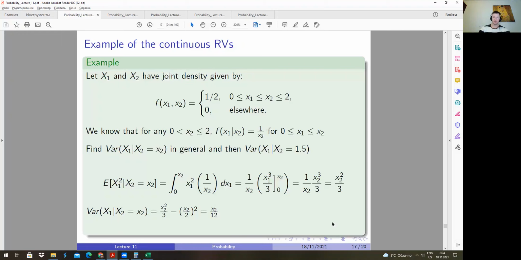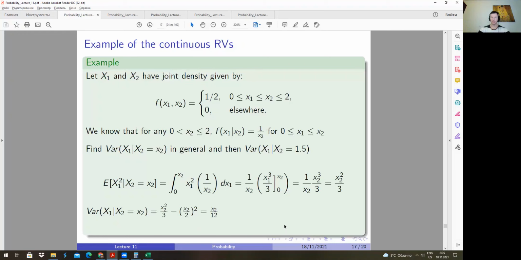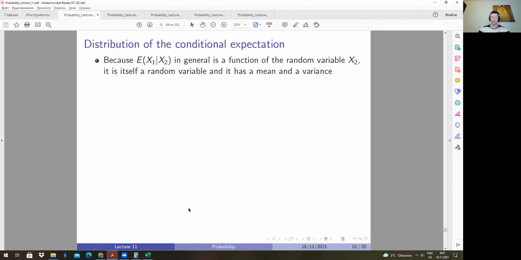Okay, so finally, what do we see regarding the conditional expectation? We see that the conditional expectation is a function of x2. For example, when we talk about x1. Since this is a function of the random variable x2, we know that any function of a random variable is itself a random variable.